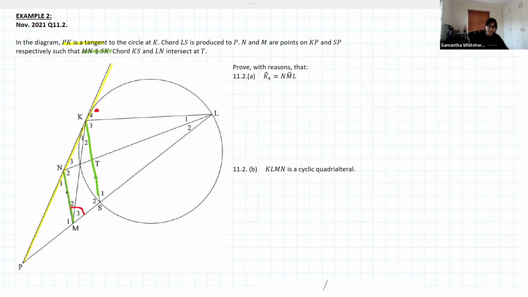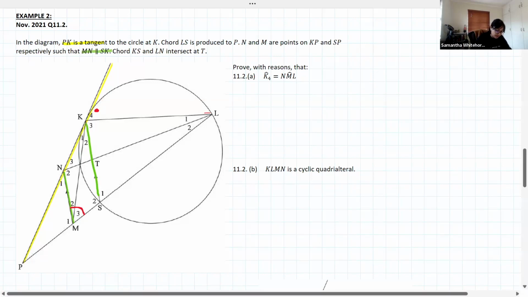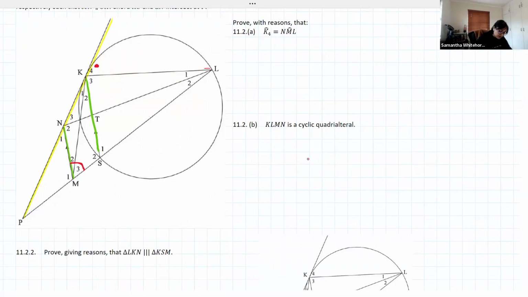All right, so we have got the tangent PK, which is highlighted in yellow, and here's our chord KL. Because of that, we know that angle K4 is equal to angle S1 because of the tan chord theorem.